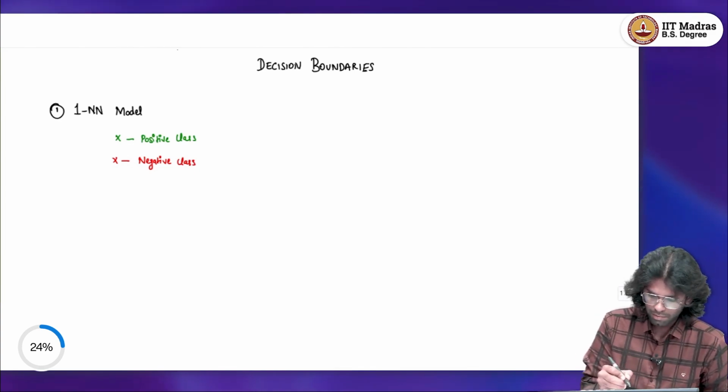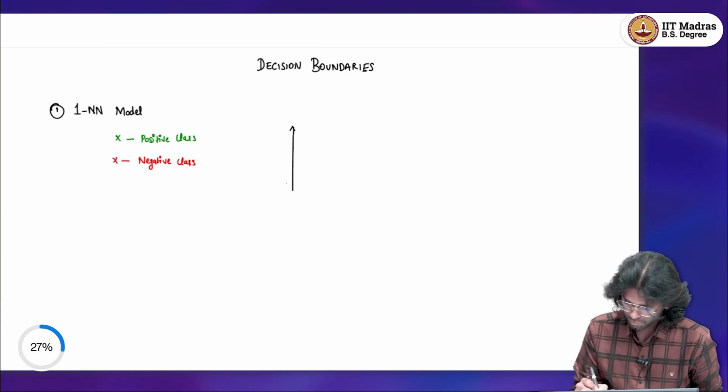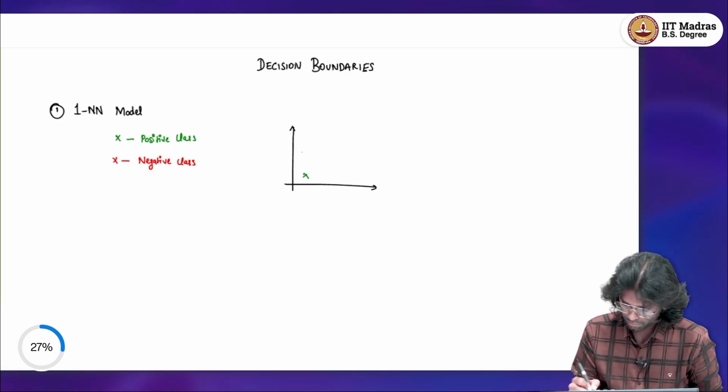So let me plot some points. Suppose the data set had, sorry, I should use the colors. So for example, this is my data set.